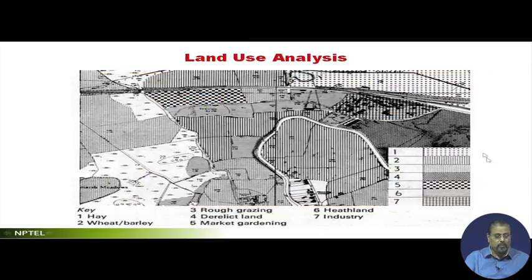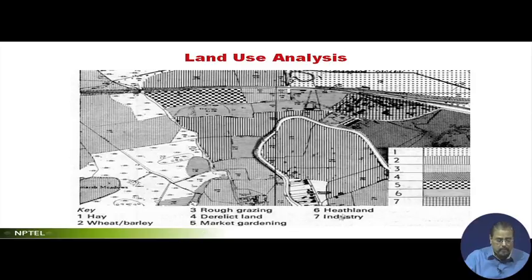Okay, then comes the land use analysis. This particular land use analysis is essentially for different kinds of land, more agricultural as well as industrial. I am just drawing your attention to one particular part.